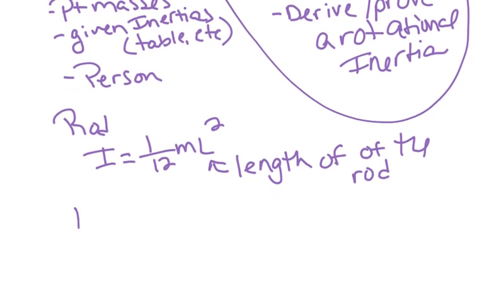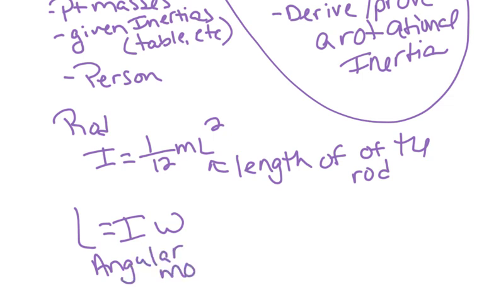Is it something where we're multiplying a rotational inertia times an angular velocity? Well, that means that L is an angular momentum. If it's in an equation squared, then it must be talking about length. You would never square an angular momentum quantity for any reason.